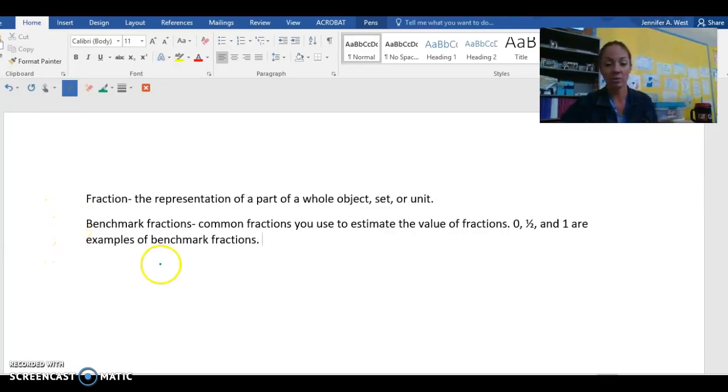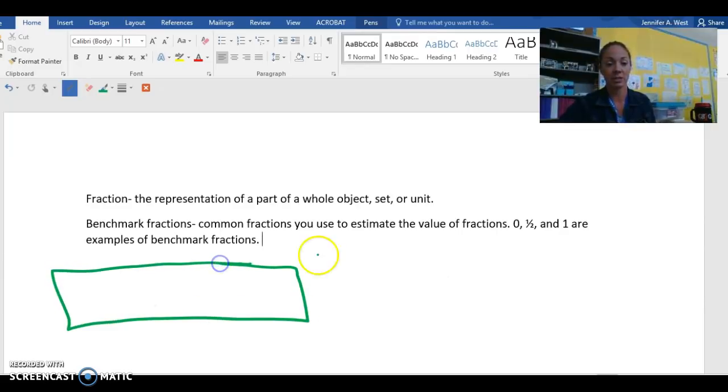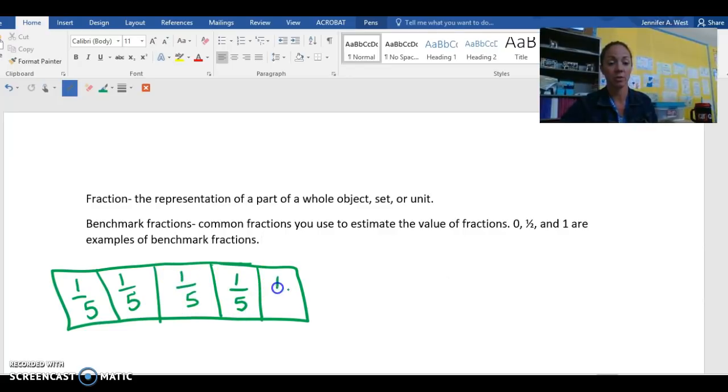So an example of a fraction, and I know you guys already know these things, but we're going to go for it anyway, could be something like this. We're going to divide it into fifths, sort of evenly. 1/5, 1/5, 1/5, 1/5, 1/5.